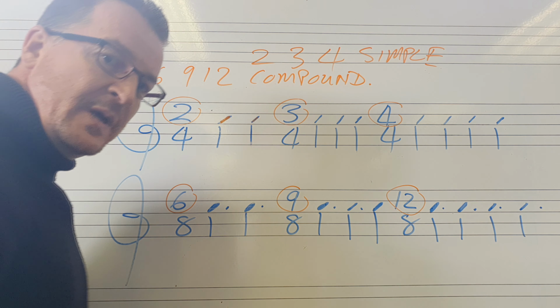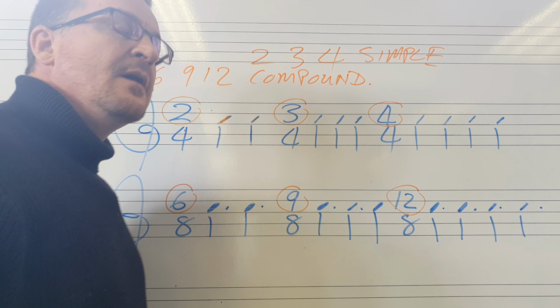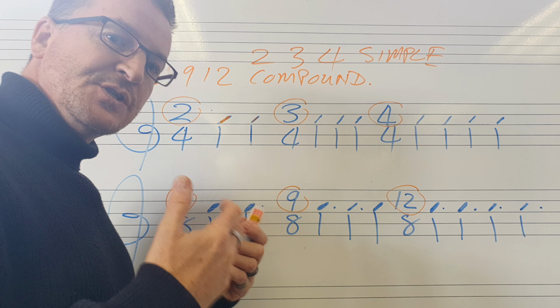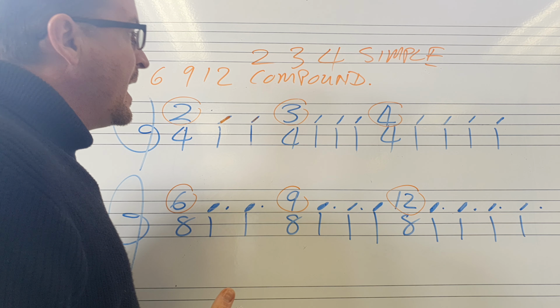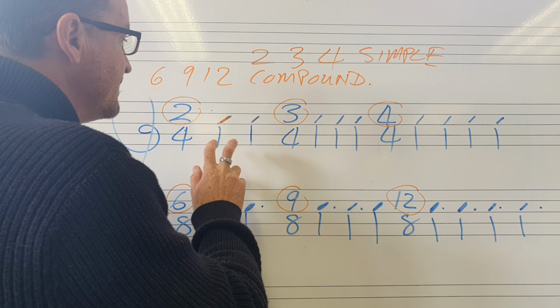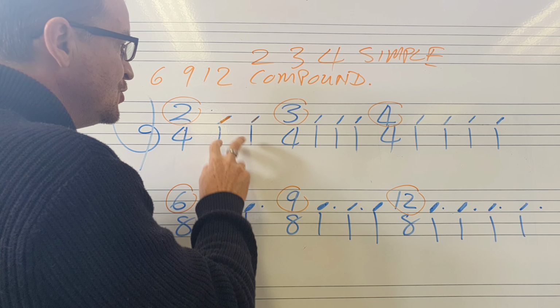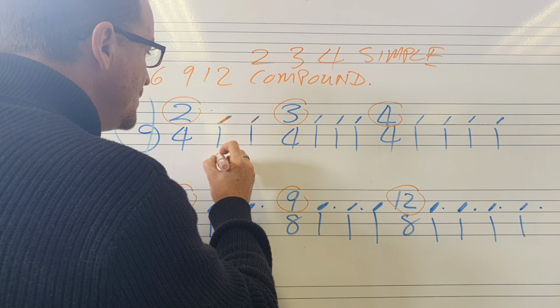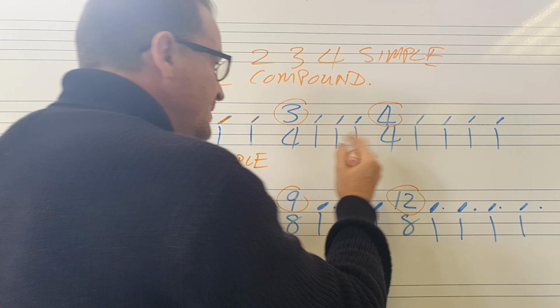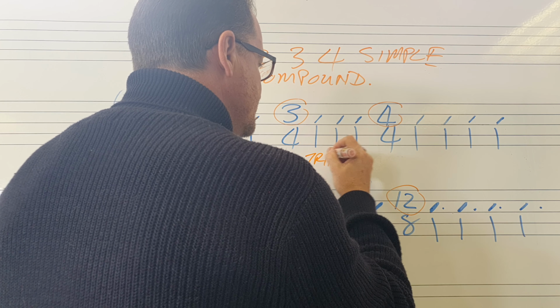Right, so that's the first step. The next step is to decide how many beats are in the bar. What is the feel of each time signature? And you can have a duple, triple, or quadruple time signature. So over here we have a simple duple. Why? Because there are 2 main beats. So this is duple. Over here there are 3 main beats. It's triple.